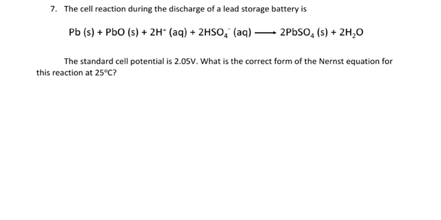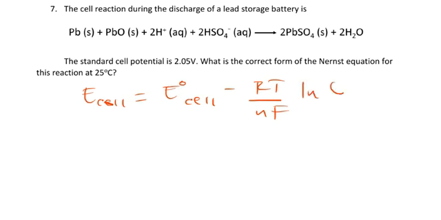So the Nernst equation, I believe you know what it is. It helps us to calculate the non-standard cell potential, which is dependent on the standard cell potential minus RT over nF, number of electrons multiplied by Faraday's constant, natural log of Q, where Q of course is the reaction quotient.